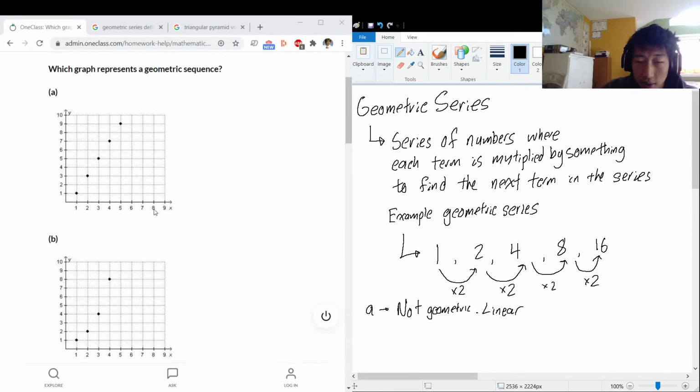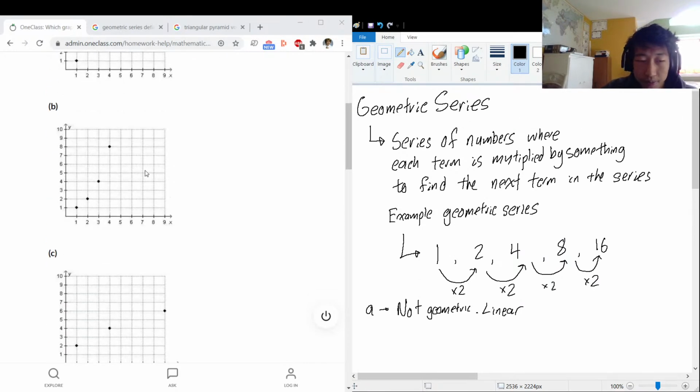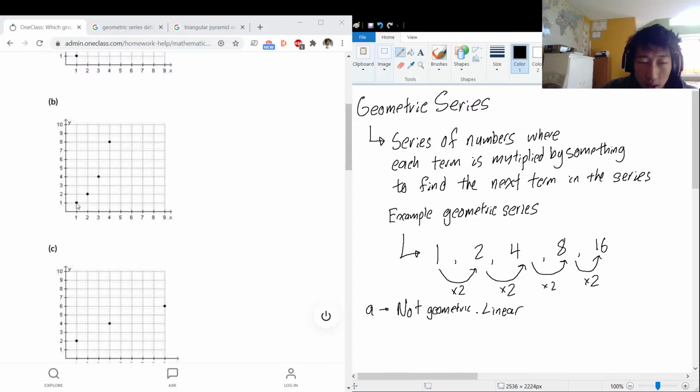Okay, cool. So let's look at B. Let's look at the second term. It's 2 times bigger than its previous term. Okay, 2 is 2 times bigger than 1. Makes sense. Term 3 has a value of 4, which is also 2 times bigger than its previous term, 2. And the fourth term, 8, is also 2 times bigger than its previous term. This perfectly follows the pattern that we have here.